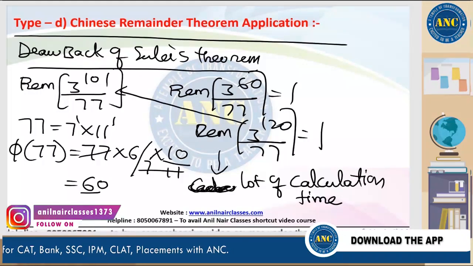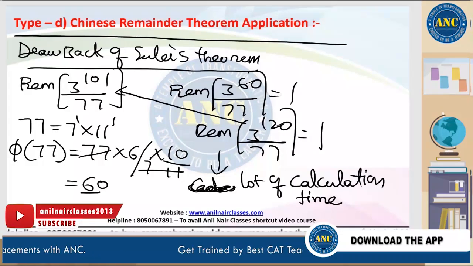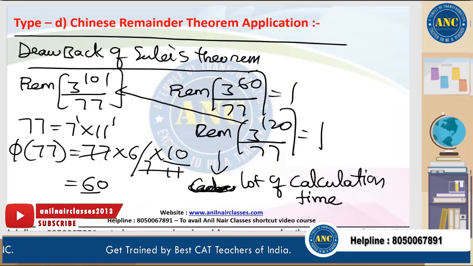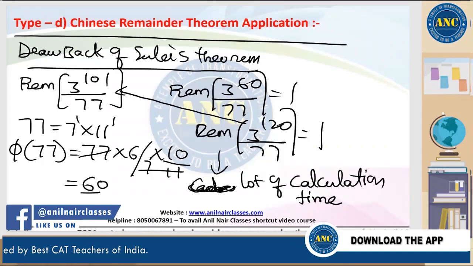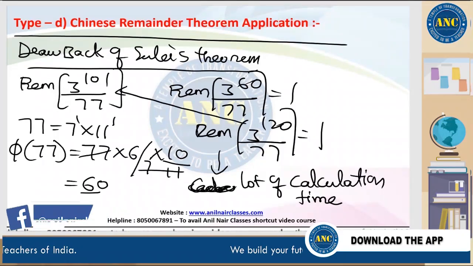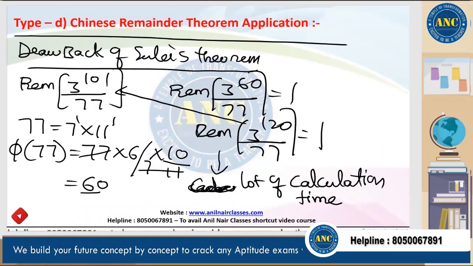Euler's theorem is used in specific cases, which I'll tell you right now. I hope it is clear. If the question is 3 power 101 by 77, the quotient is 60, double is 120, but I want 101. 19 steps I have to go back, which will take a lot of time to solve.